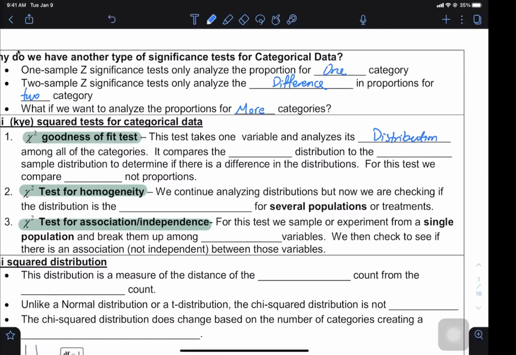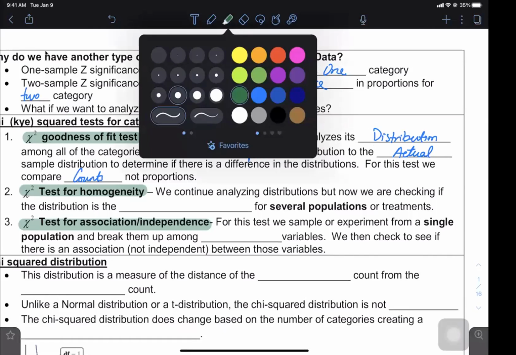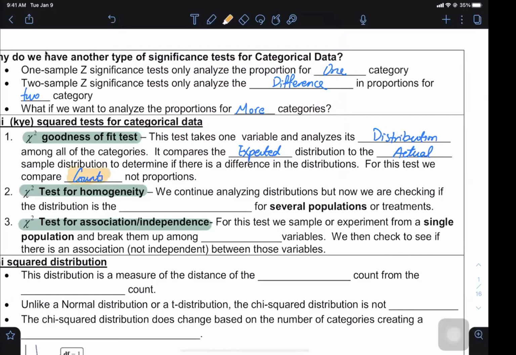It compares the expected distribution to the actual one and sees if your expected distribution is the same as the actual one, or if you have a difference in distributions. Just remember, for this test, we compare the counts, but not the proportions.